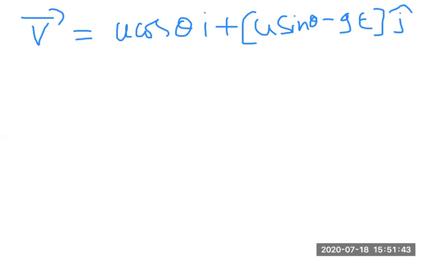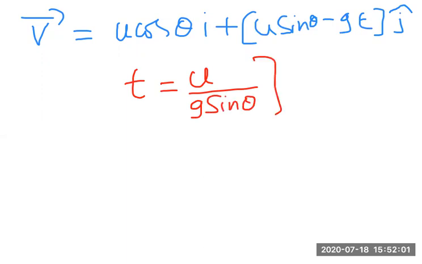Already we wrote this expression. No, I am asking velocity again, but not in terms of t. Just now we calculated time as t is equal to u by g sin theta.